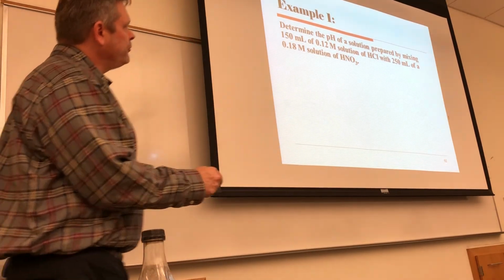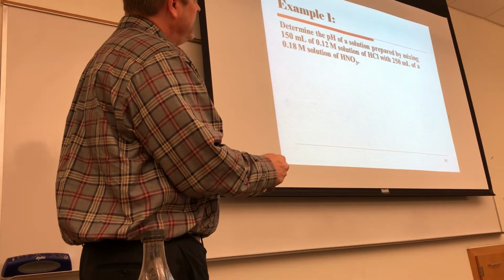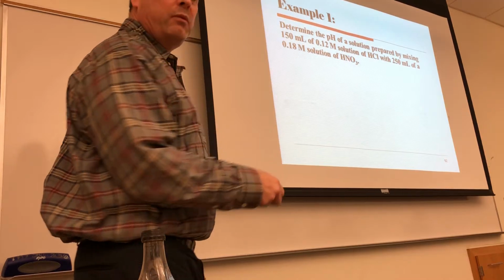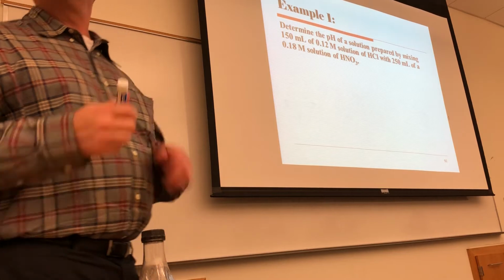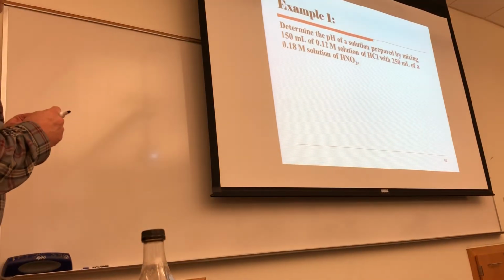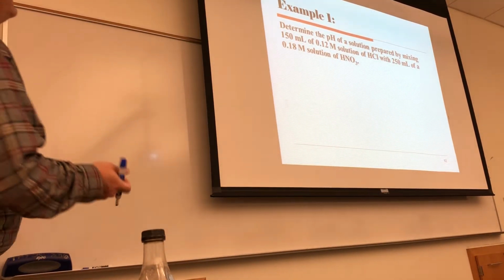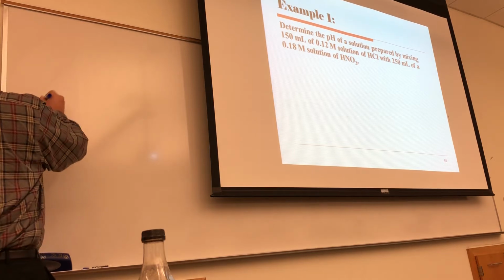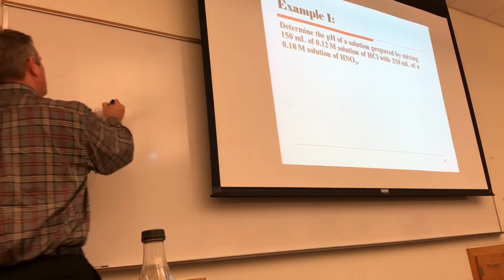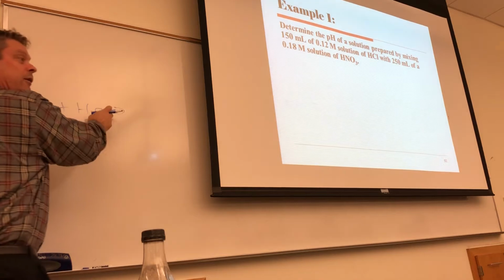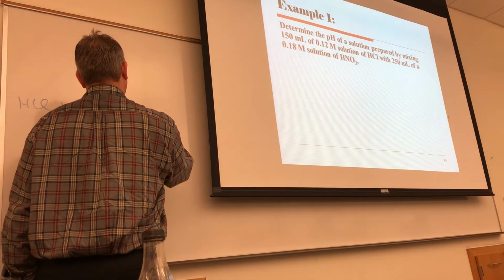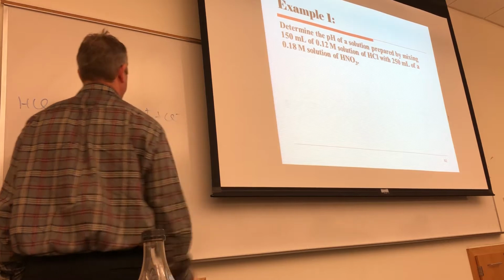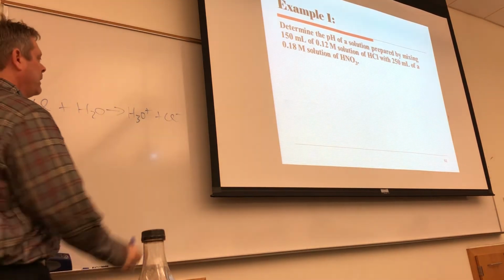So I can find the moles of each, right, as they convert. So what's the first thing you should always do if you're not sure what to do? Write the equation. Okay, so what are we really looking at here? Let's start with the HCl. I'm going to mix that with H2O, and I'm going to form, with a single arrow since it's a strong acid, the H3O+ and the Cl-. So what am I solving for?